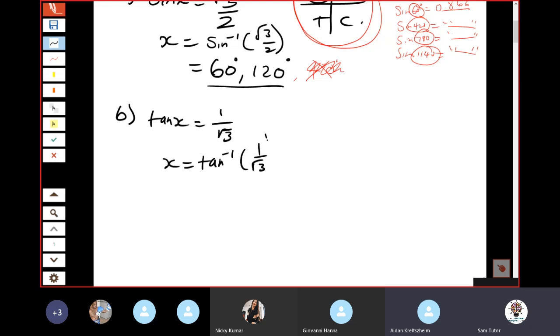Correct. Then plug it into your calculator. Give me your answer. 30 degrees. Correct. And then what do we draw? All stations to the centre. There we go, ASTC.